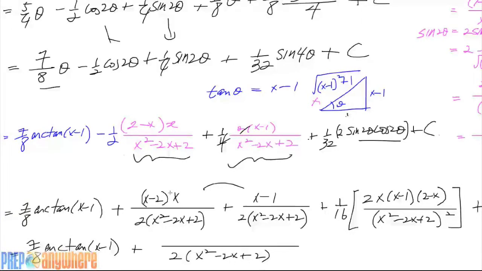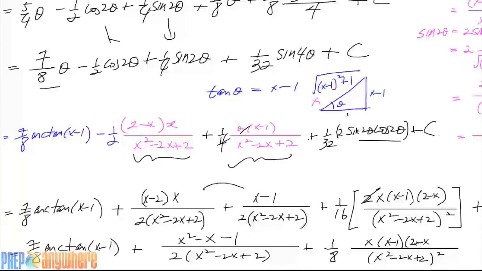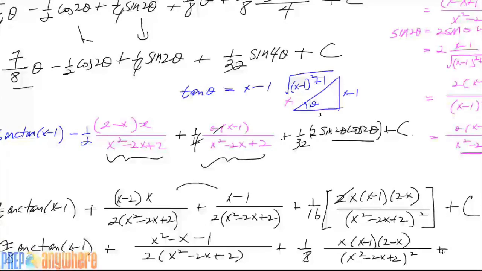And you get x squared minus 2x plus x. So that gives you minus x and minus 1 on top. This gets reduced to give you 1 over 8. Alright, that's it. I'm going to stop there.